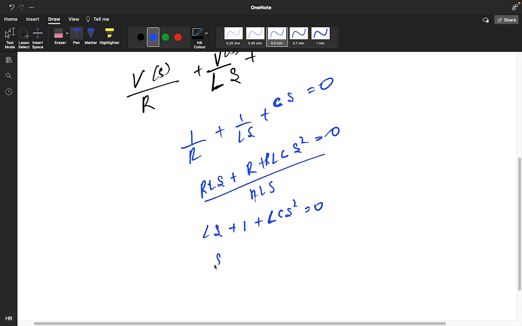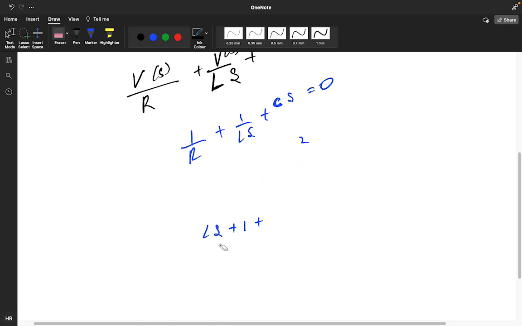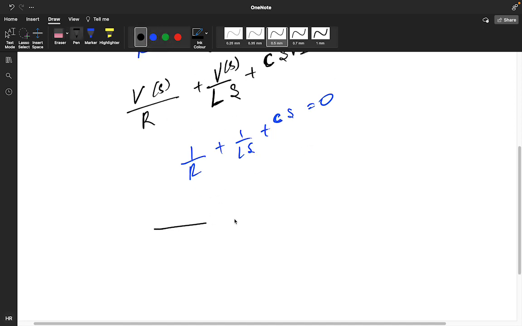Now take LC common and get it in terms of S square plus... up to here it is right only. You are taking RLS common, meaning the LCM. So LS will come first. Here R will come. Here RL, CS will come.